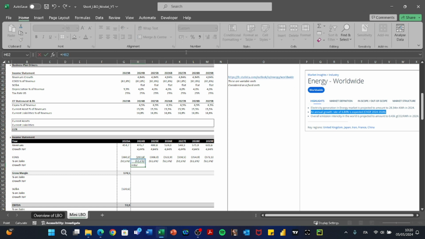And growth over the year will be 1 plus that, these people get revenues.